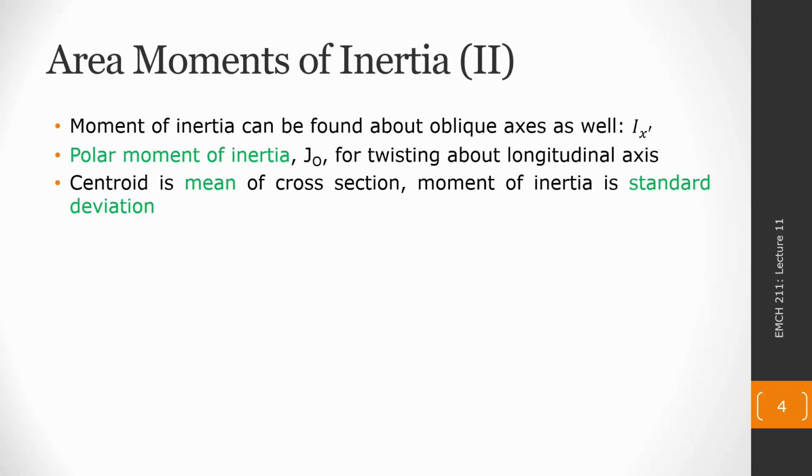The standard deviation is basically a measurement of, on average, how far apart is our material from the centroidal axis. So when our material is more spread out from the average, from that center, the centroid, we're generally going to have a higher moment of inertia. When the material is on average closer to the centroidal axis, we're going to have a lower moment of inertia.